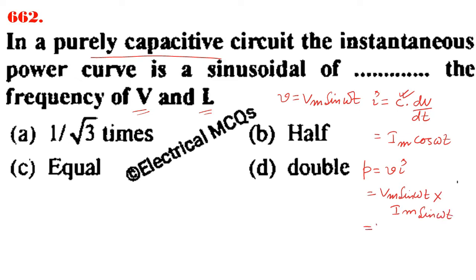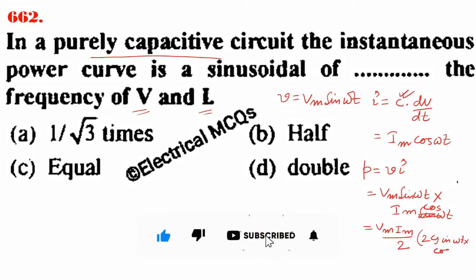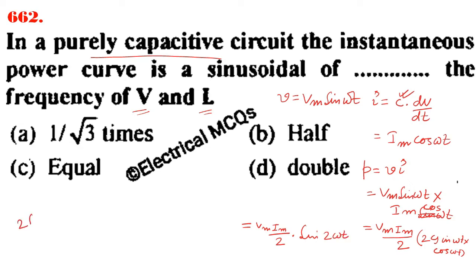Now this can be written as Vm into Im by 2 into 2 sin omega t into cos omega t. So this is nothing but Vm into Im by 2 into sin 2 omega t, as we know, 2 sin theta cos theta is equal to sin 2 theta.